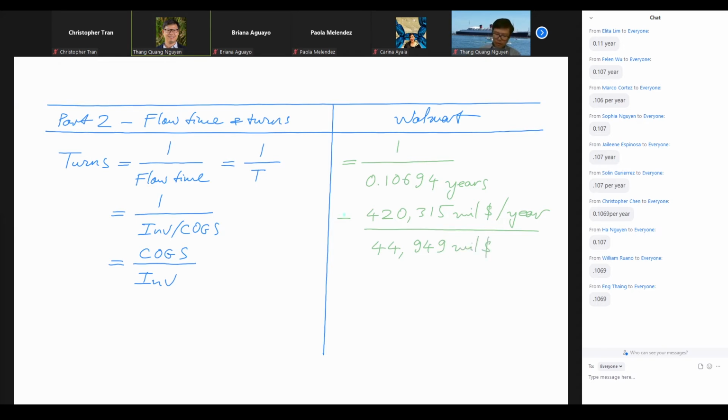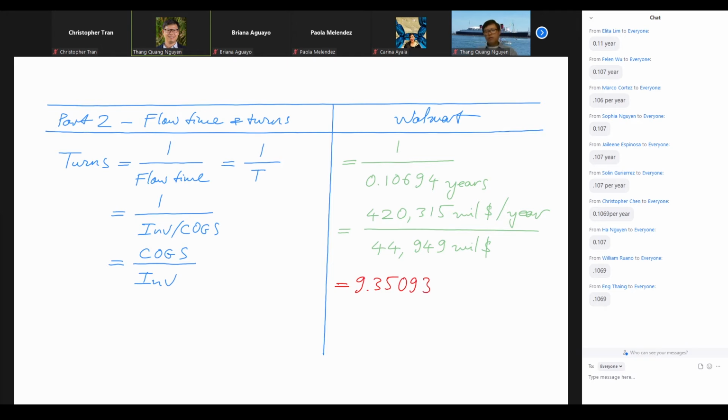So that's the second way to calculate it. And if you try either the first way or the second way, the numbers must be the same, right? So in this case, the number will come out to be 9.35093.